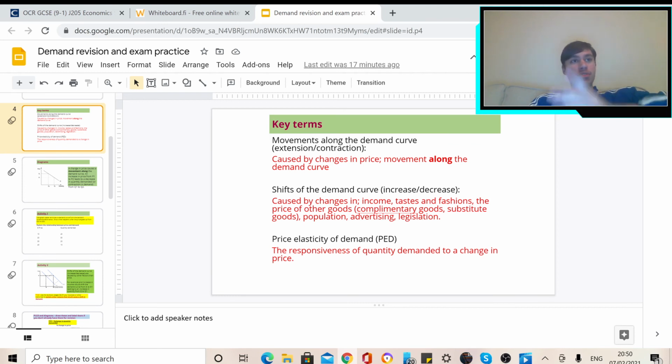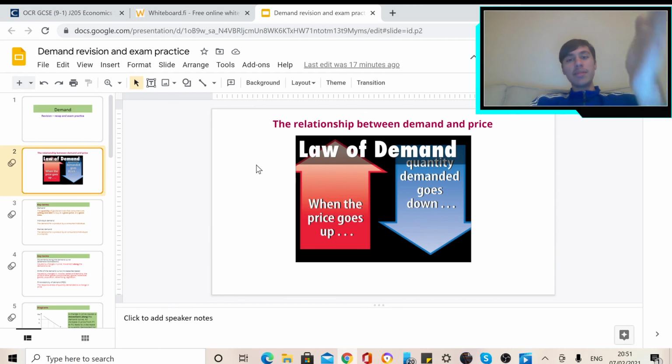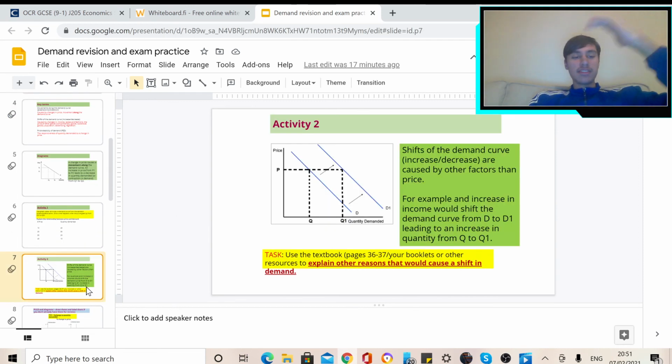So if the price of one substitute increases, the demand for the other substitute increases, because we just studied the law of demand. If your price increases, the demand decreases. So as a result, the demand for the substitute would increase.